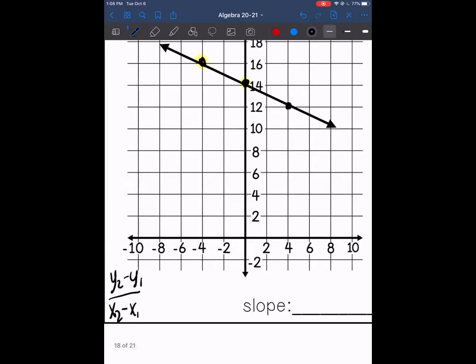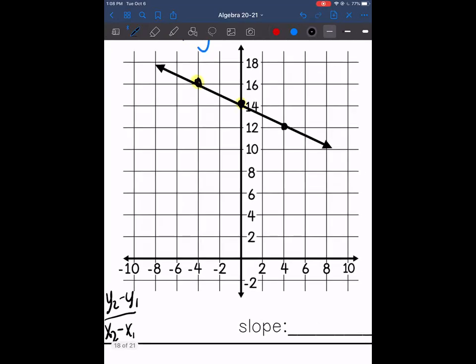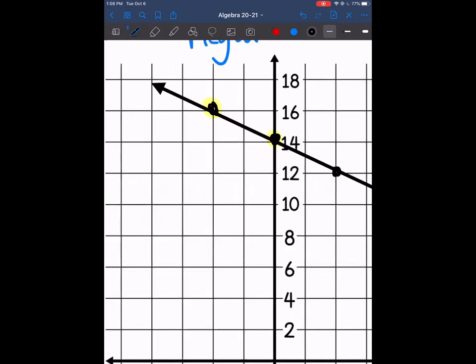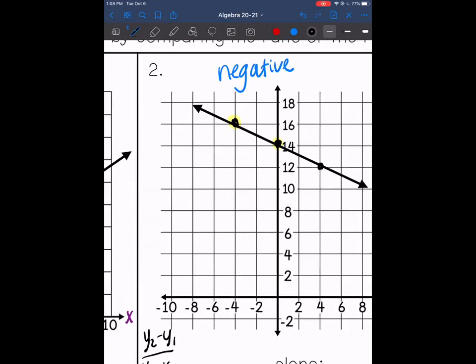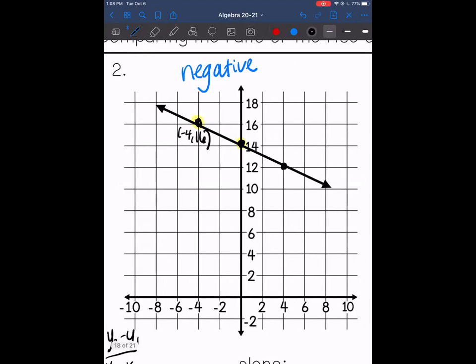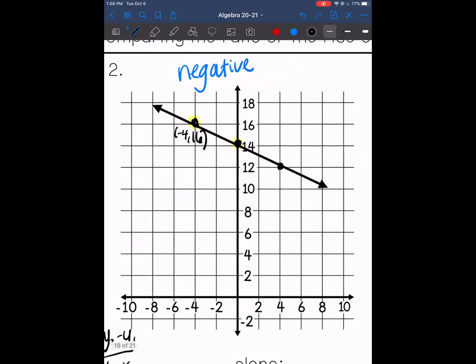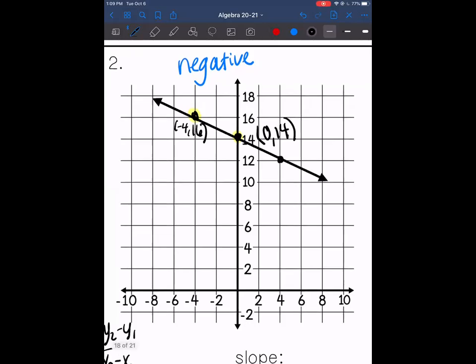So what are my points? My x value for that top point is -4, and my y value is 16. My x value for the second point is 0, and my y value is 14. So my ordered pairs are (-4, 16) and (0, 14).